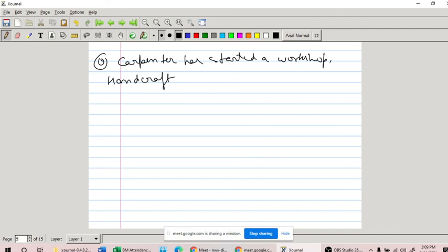This is hand cart, not handcraft. जो लकड़ी की गाड़ियाँ होती हैं हाथों की, ये वो बनाते हैं. आप सब ने शायद रूरल एरिया में देखी भी हो.